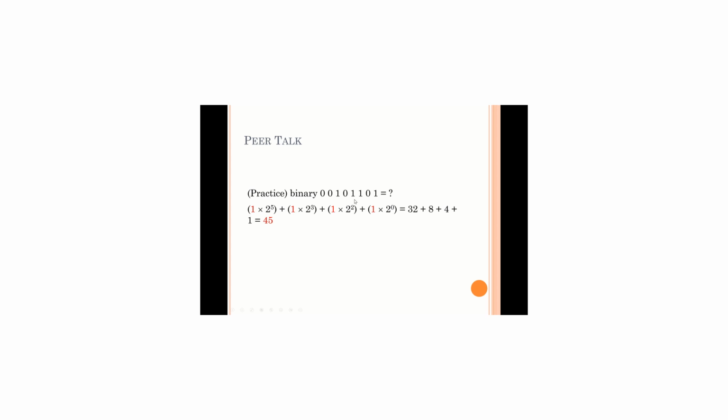It's number 3 bit from the right hand side, starting from 0. And you add 1 times 2 to the power of 3. And then you add this one, 1 multiplied by 2 to the power of 2. And then you ignore this one because it's 0. And the last one is 1 multiplied by 2 to the power of 0. And you get number 45.